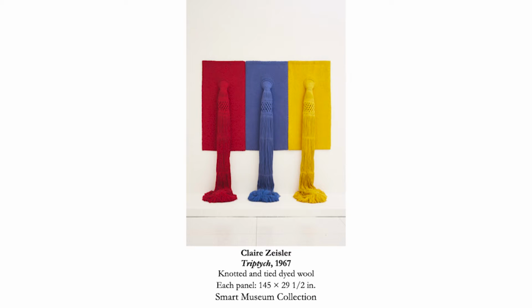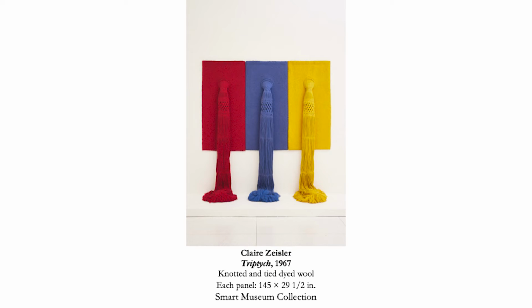And so all of the Expanding Narratives exhibitions start from the museum's permanent collection. It's a moment where we can really spend time researching and mining the collection and thinking more expansively about the collection.